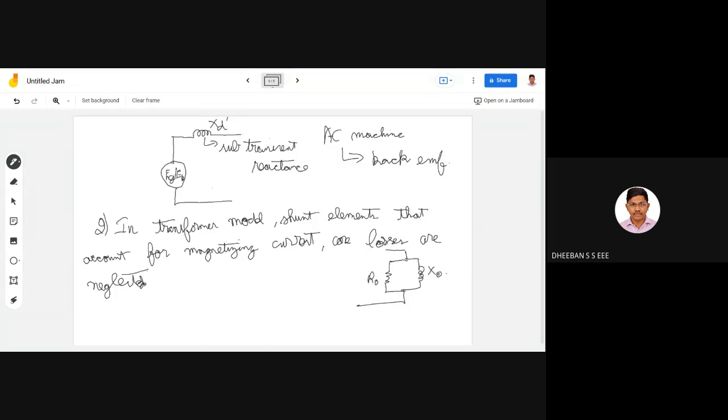So the magnetizing current will be flowing, as well as the core current. What they are saying is you have to neglect these magnetizing losses in the case of your transformer. So this is another assumption. If you use this assumption, it might be possible to get a very good short circuit analysis.